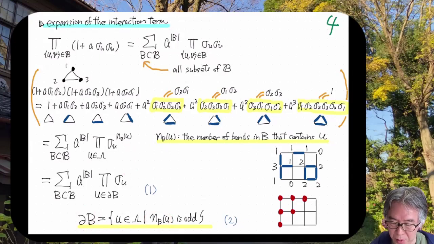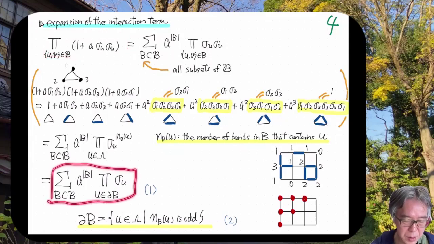I think this denotes the boundary for this B. So I just picked up all sites with odd N_B(u). I think this is correct. So I can rewrite this in this way. So this thing is expanded in this way.